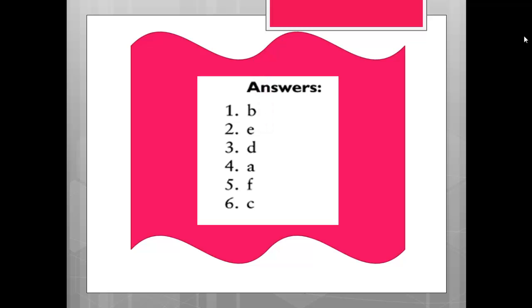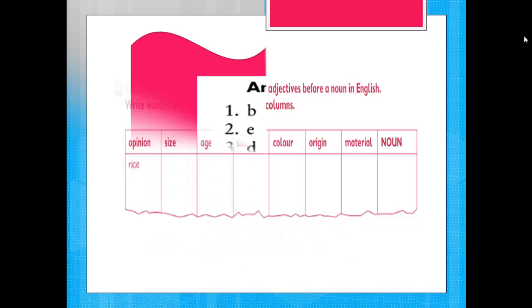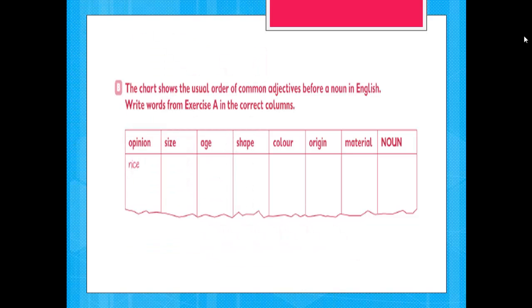So here are the answers of this exercise. But the main important thing here is how we can put the adjectives in the correct order. Now in exercise B we can see how to put the adjectives in the correct order.